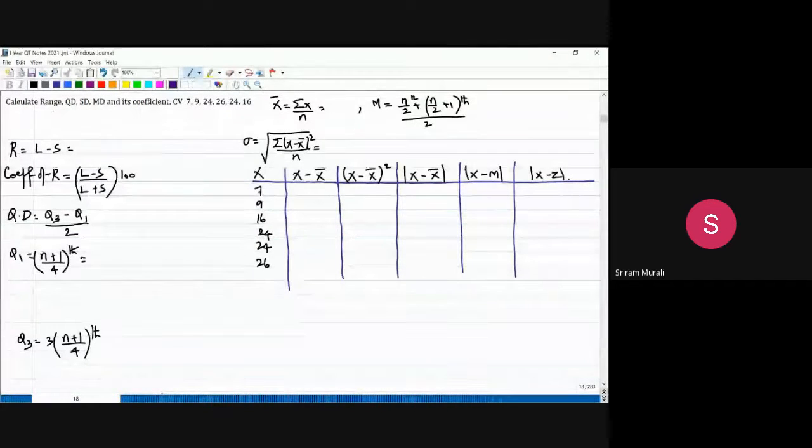Before computing the range, you should write the data in ascending order. Why? Because you have to compute positional averages, quartiles, etc. It should be in ascending order, then it will be easy. Therefore, write the data in ascending order. That is 7, 9, 16, 24, 24, then 26.